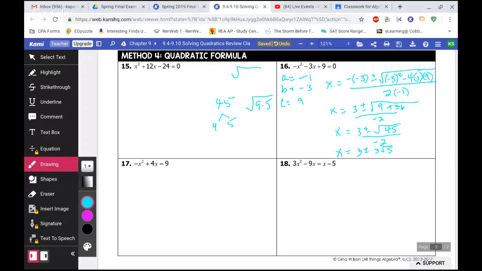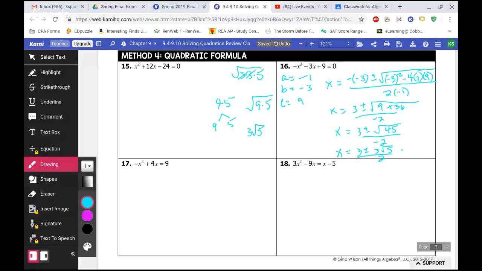Or even if I did it like this, 3 times 3 times 5, remember pairs make squares, so that would come out. Either way you look at it, you get 3 times root 5, and then all of that is over 2. So it's 3 plus or minus 3 root 5 all over 2.